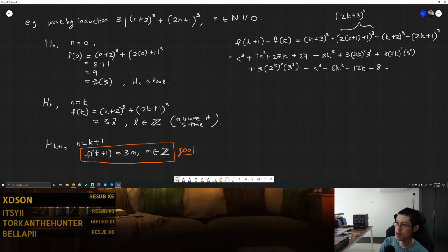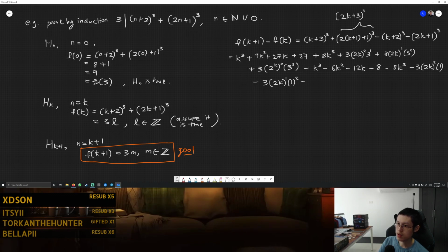Then after that we have this guy here. So that's going to give me 8k cubed minus 3 times (2k) squared times 1. And then minus 3 times 2k to the power 1 times 1 squared.